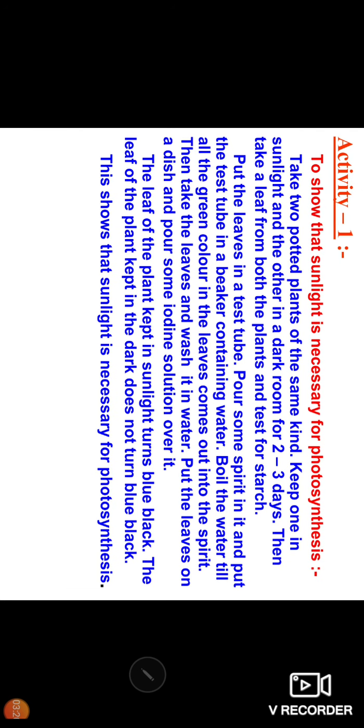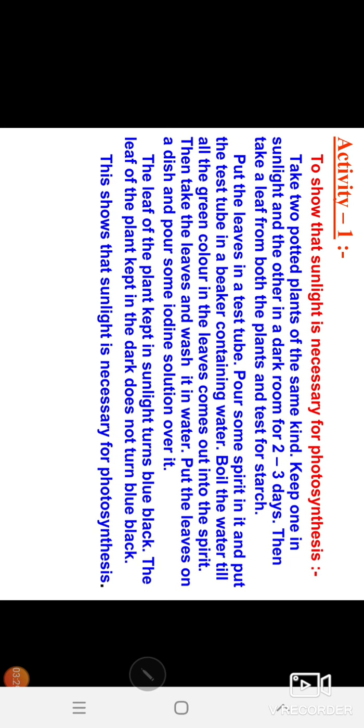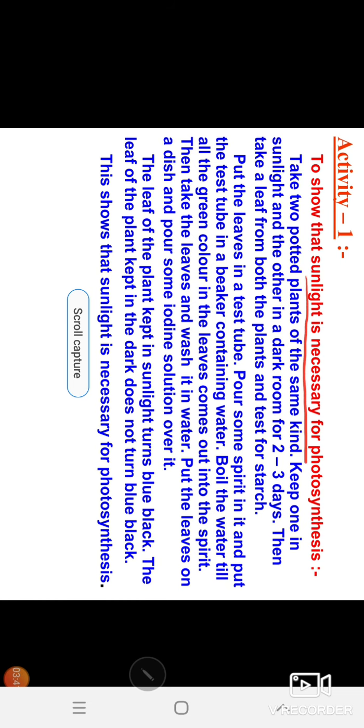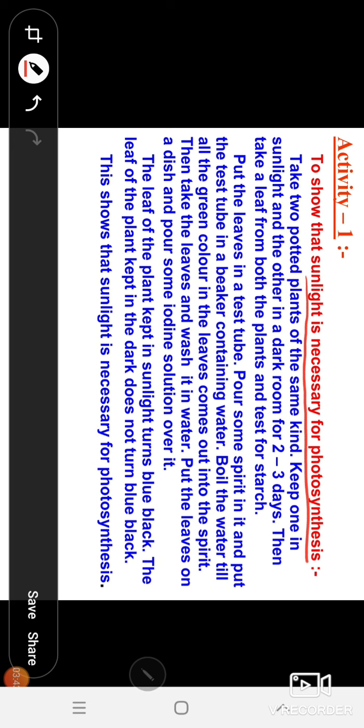So the very next important activity we need to discuss now is that sunlight is necessary for photosynthesis. As we know, the photosynthesis process takes place only in the presence of sunlight. So now we need to show how sunlight is very necessary for photosynthesis. For you, here is one activity.